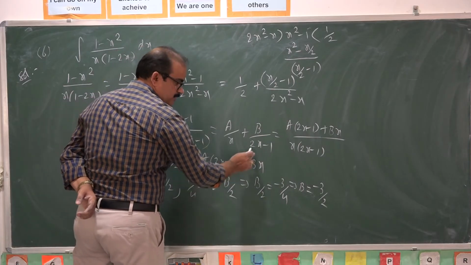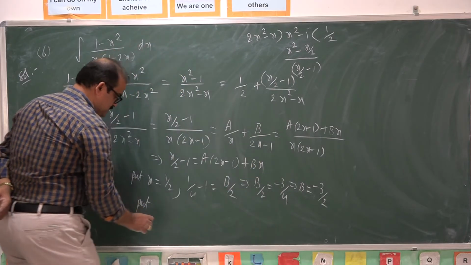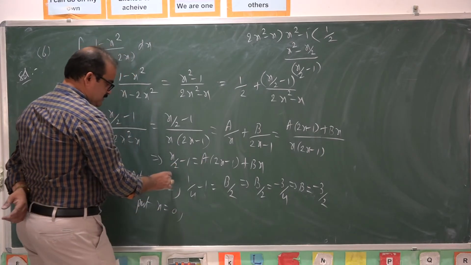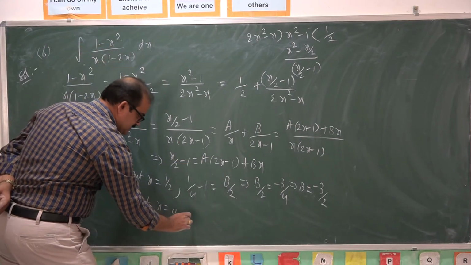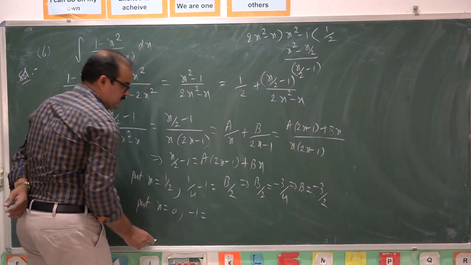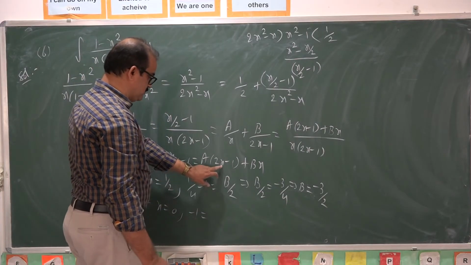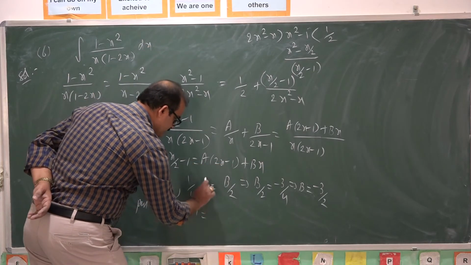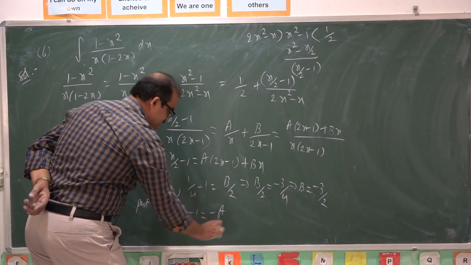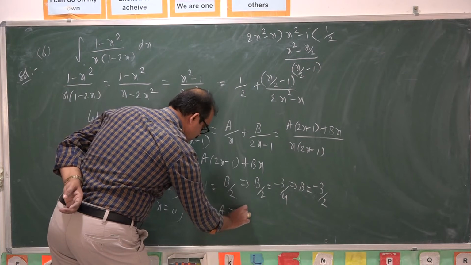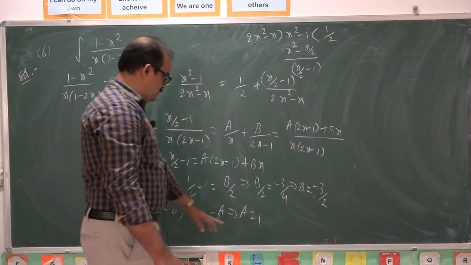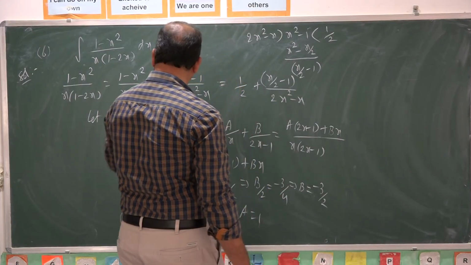Next, when second term becomes 0, put x is equal to 0, we get in LHS 0 minus 1, minus 1 is equal to, if we put x is equal to 0, then we get 0 minus 1 into a, that is minus a. So a is equal to 1. Now substitute a value and b value here.